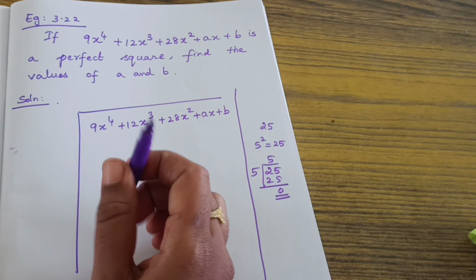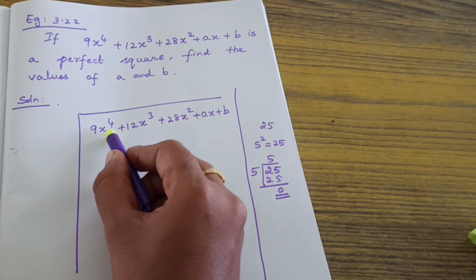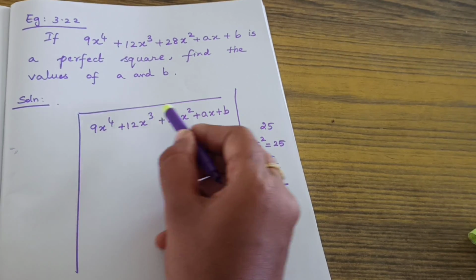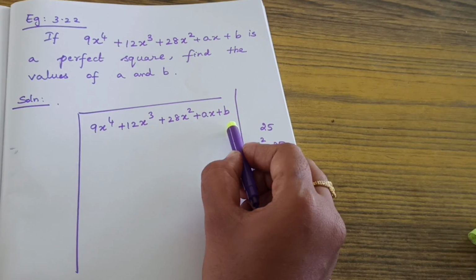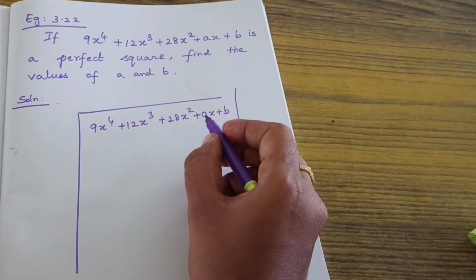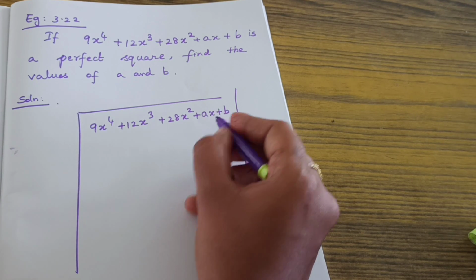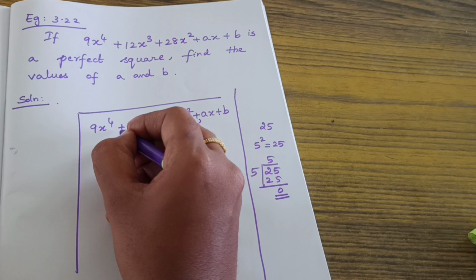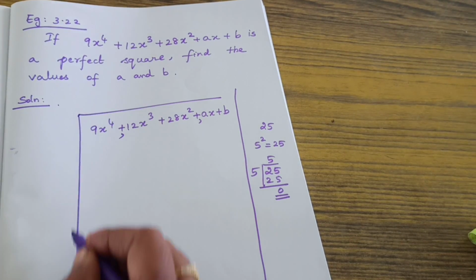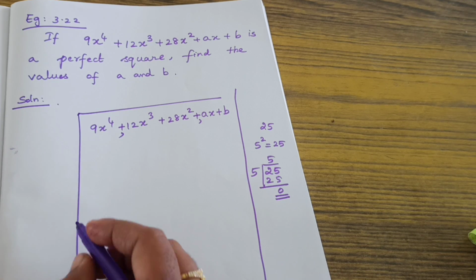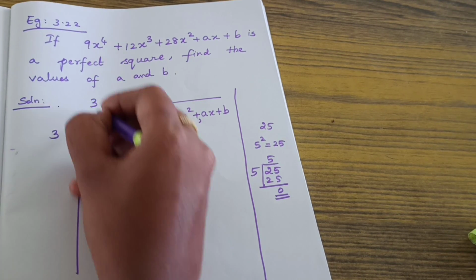The first step, what is that? You need to check the powers. X power 4, x cube, x square, x and constant. Okay, it is in the correct order. Then we need to split it by 2 terms from the last. So here 2 terms, here 2 terms. Got it? Then 9. 9 is a perfect square number. In which table will it come? 3 3s are 9.